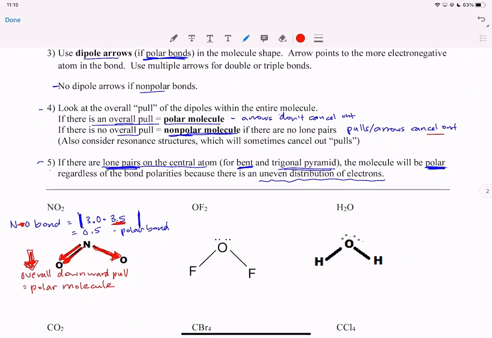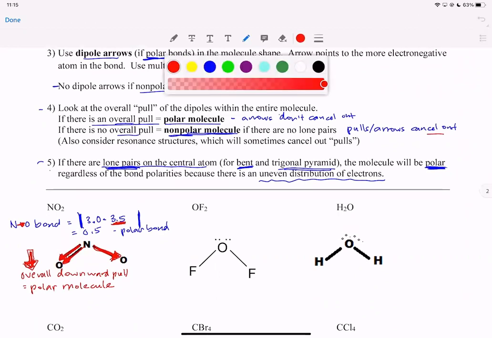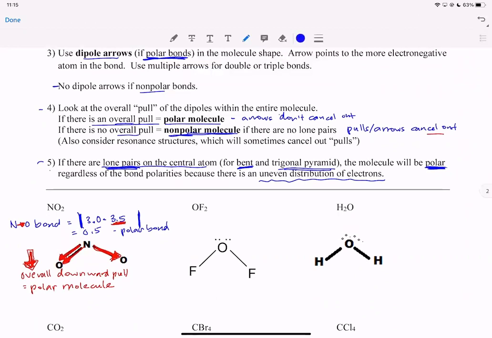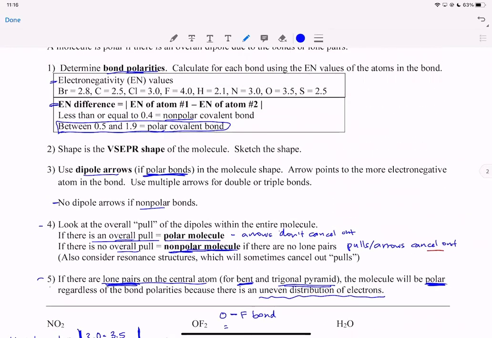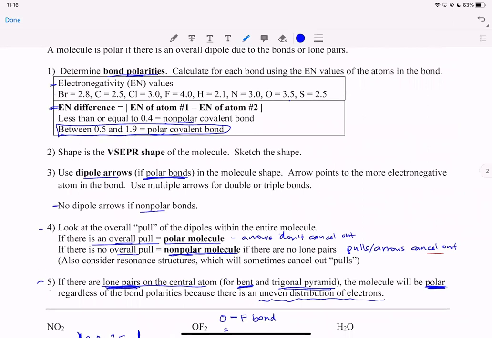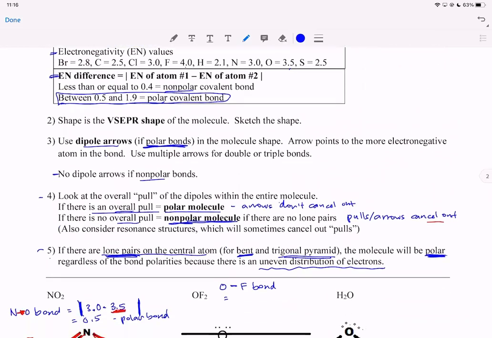Okay, so let's take a look at the next one over, which is OF2. So you have the OF bond, the oxygen fluorine bond. The electronegativity calculation is going to use the values for oxygen and fluorine, which are oxygen 3.5 and fluorine 4.0.